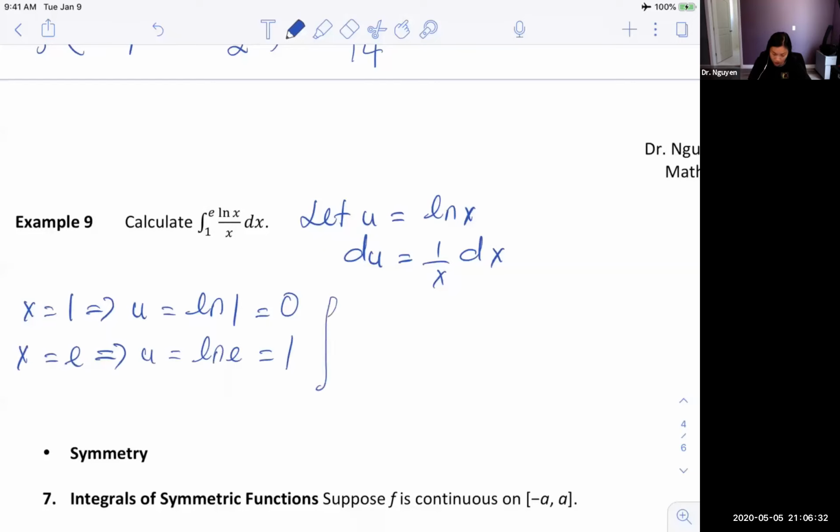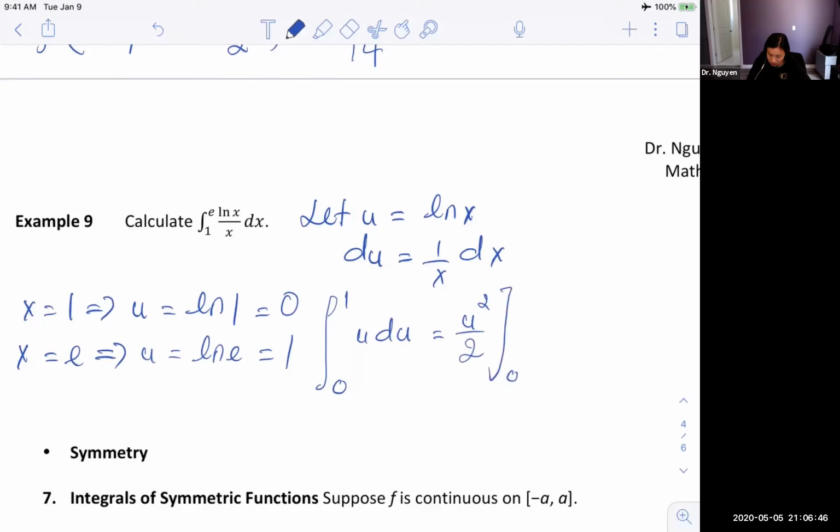So now we have a new interval, from 0 to 1, of u du. So this is really sweet. So it's just u squared divided by 2, and then I go from 0 to 1. So that's 1/2. And there we have it. Okay. All right. So it works out really nicely.